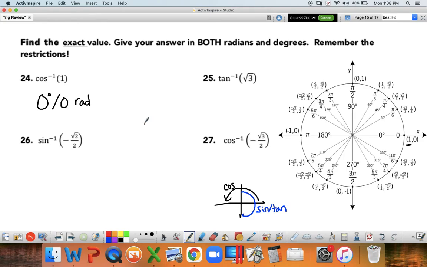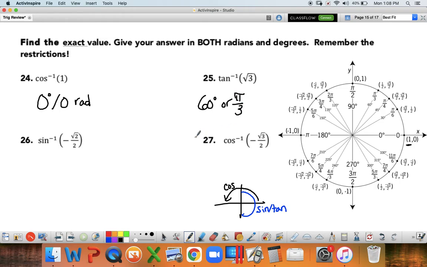The next one, we want the angle that has the tangent of the square root of 3. Well, before we were looking at 150, which has a reference angle of 30 over here, and that was the square root of 3 over 3. So the tangent value of square root of 3 comes up over here at 60 degrees, or pi over 3.